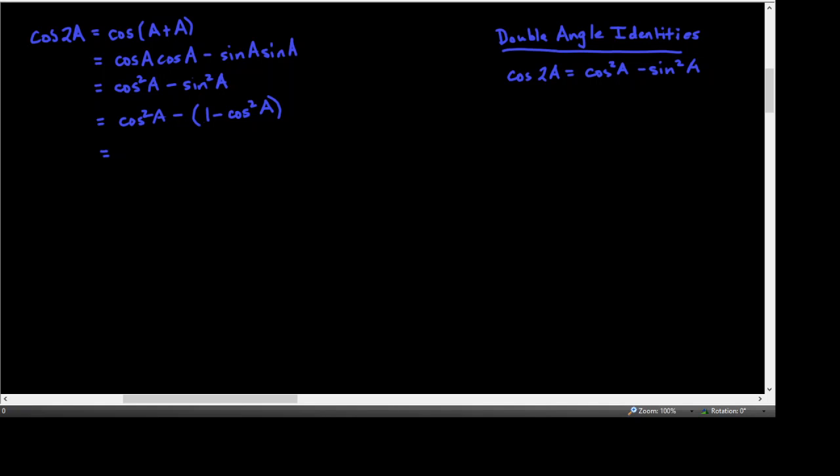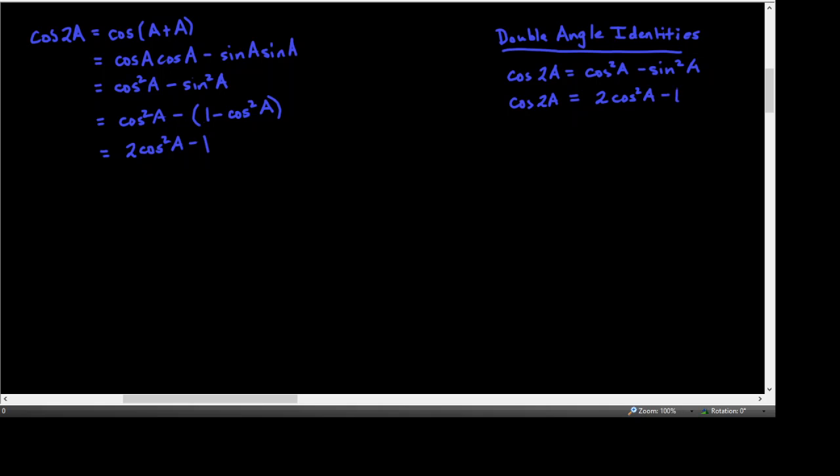There will be no sine in this one. So distributing and collecting like terms, that gives me 2 cosine squared A minus 1. So that is our second double angle identity, and it's an alternative form for the cosine of 2A. It could be the one we wrote first, or it could be this one.